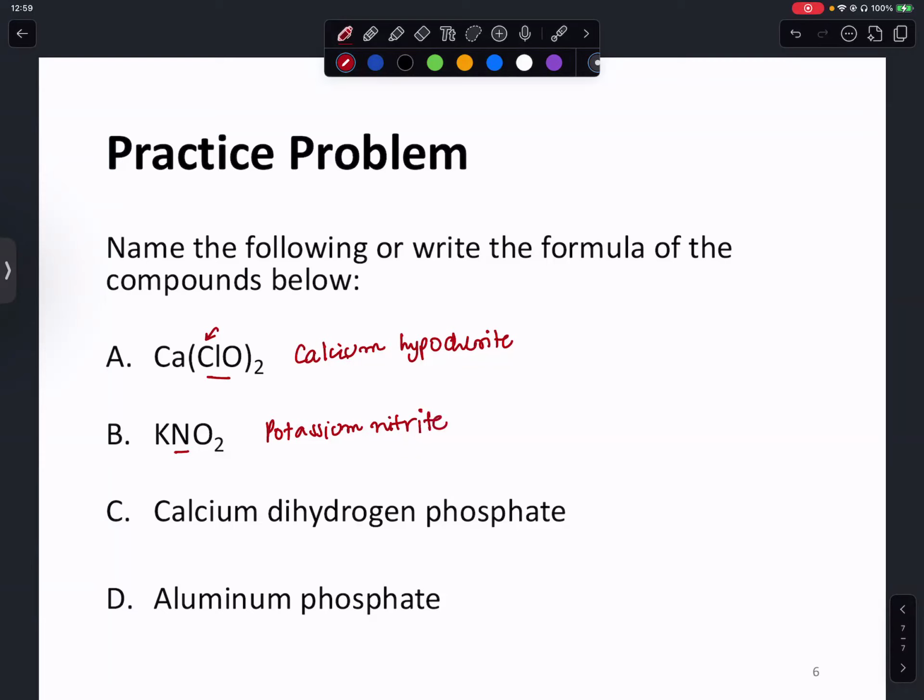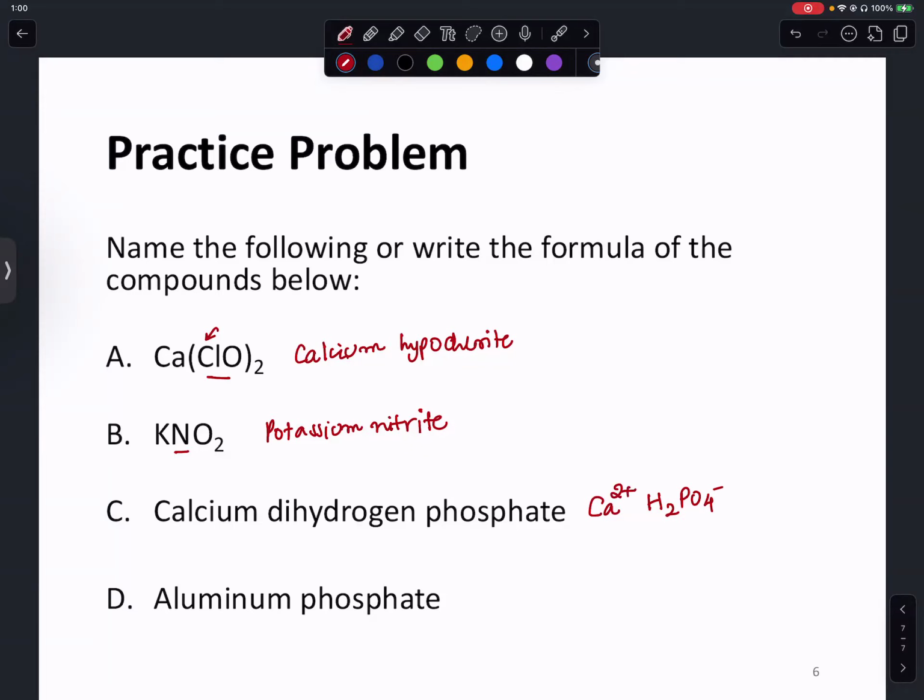C, calcium dihydrogen phosphate. So write the formula as the name is written. So we have calcium, and then we have dihydrogen phosphate, so H2PO4 minus.